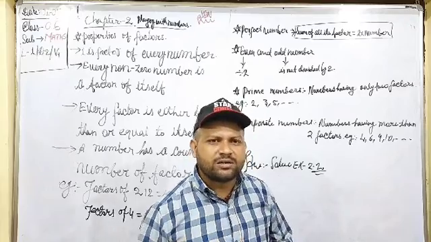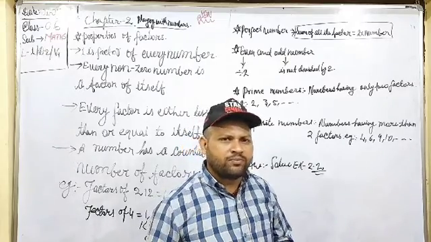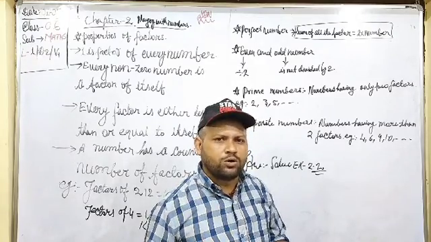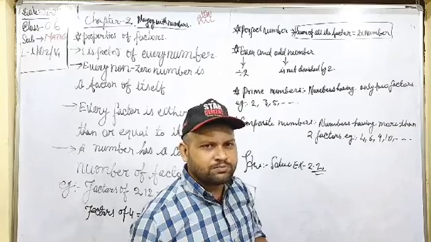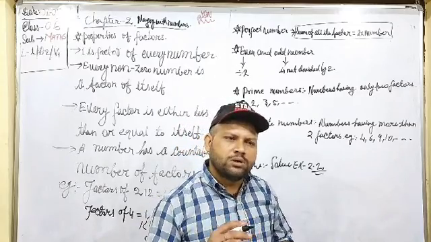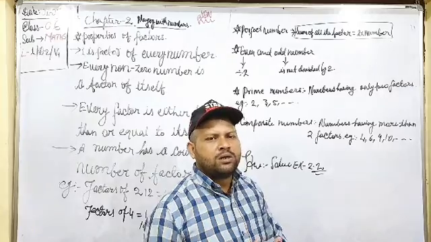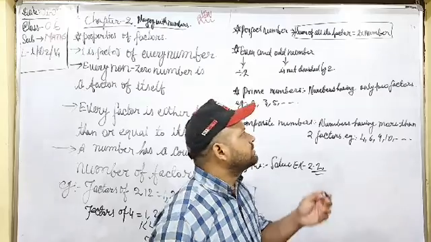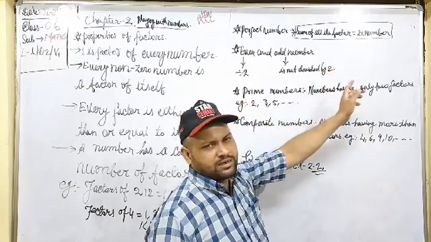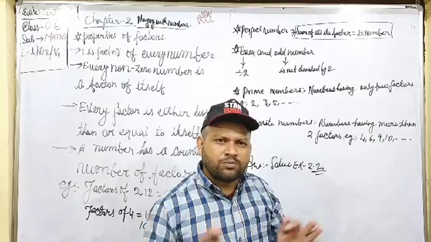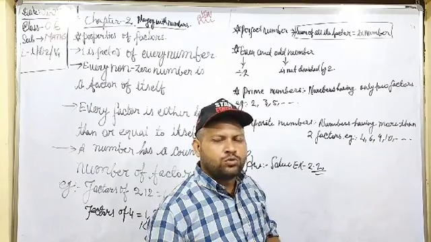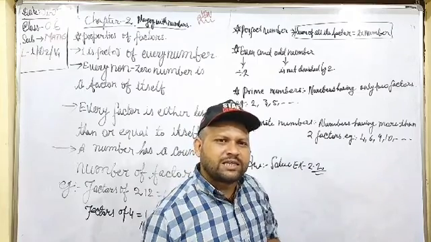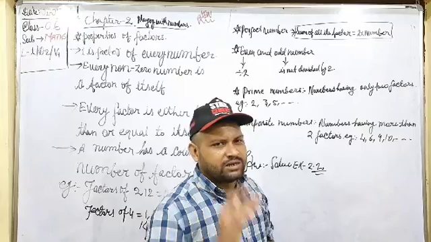If you have to check whether the given number is a perfect number or not, then you have to write its factors and add all the factors. After getting the result of the addition, you have to check whether the sum of all factors is equal to 2 times the given number. If it happens so, then we can say that the given number is a perfect number.